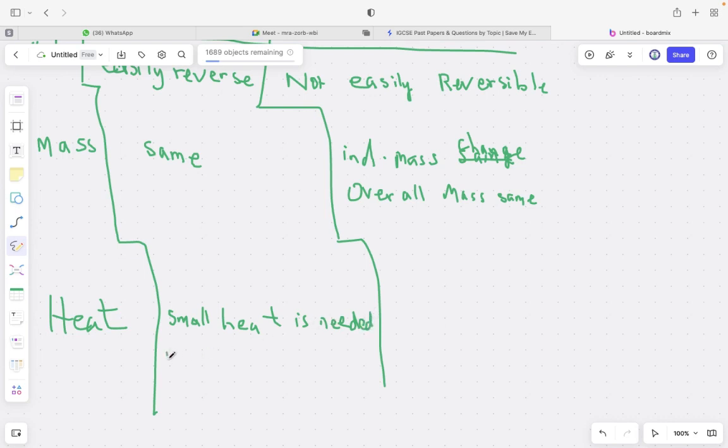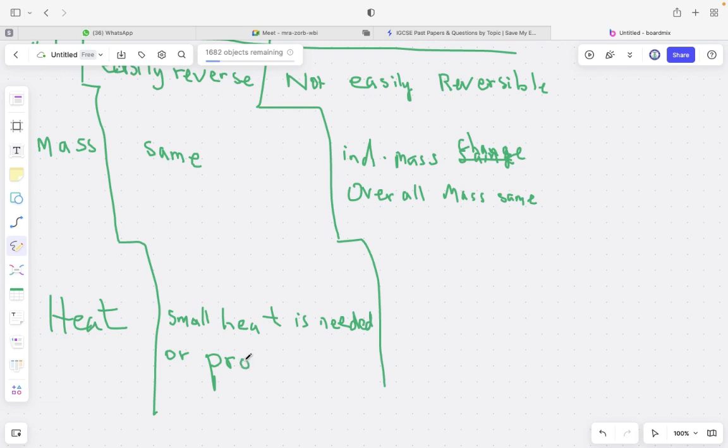There are some reactions in which heat is produced to the surrounding, whereas there are some reactions that take heat from the surrounding and use it. The ones that take heat from the surrounding and use it are called endothermic.